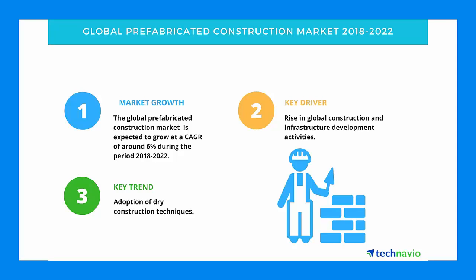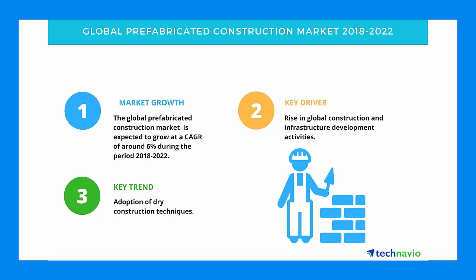And point number 3 here, a key trend which is influencing this industry is the adoption of what are called dry construction techniques. And dry construction techniques simply means relying on things that do not require, for example, cement and traditional bricklaying, for example, which requires certain kinds of wet materials to be used.